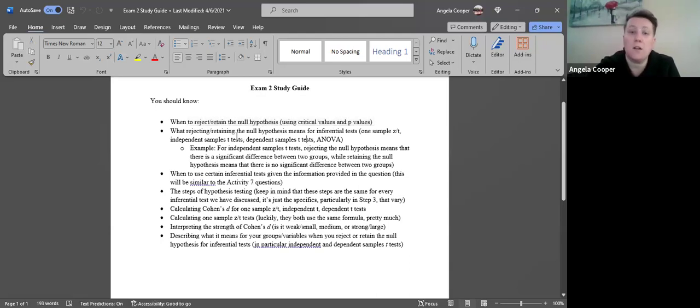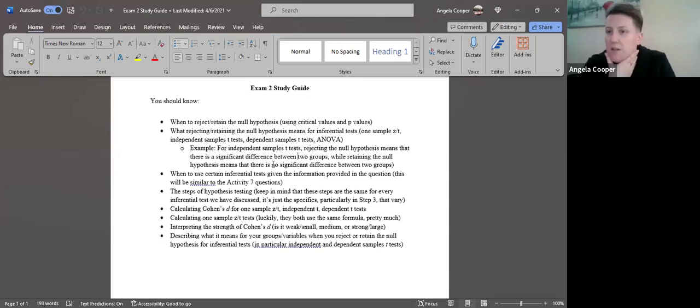And then, now that you've made that decision, what does that mean for the groups? Does it mean they're equal? Does it mean they're not equal? So for independent and dependent samples t-tests, I will provide you the information, you won't need to calculate it, but you will still need to make a decision regarding the null, and you'll also need to state what that means for your groups.